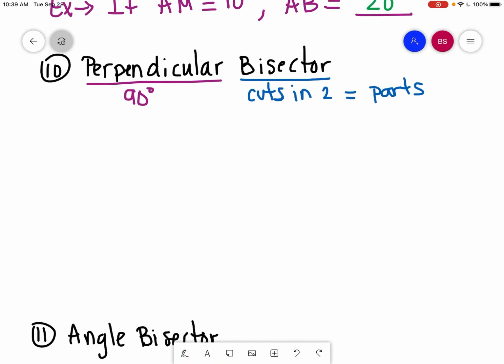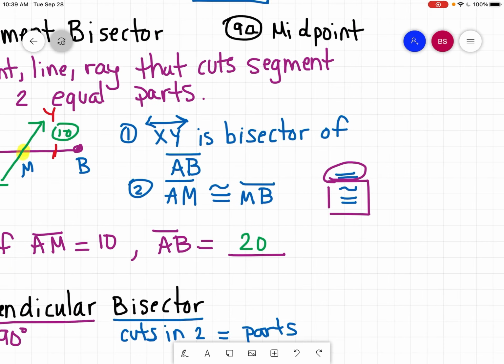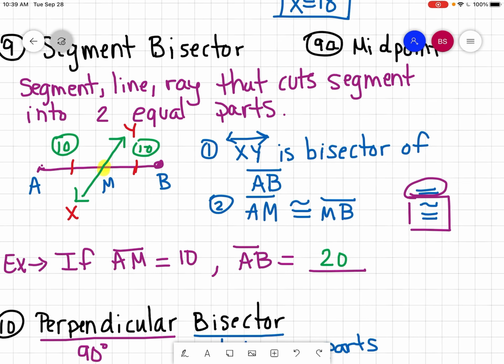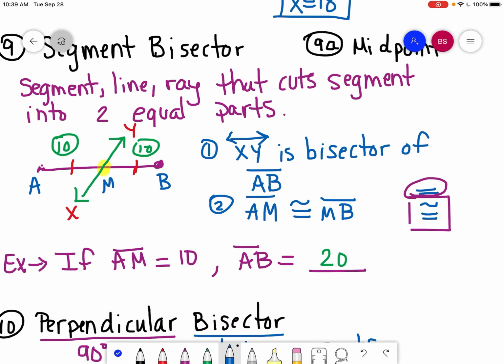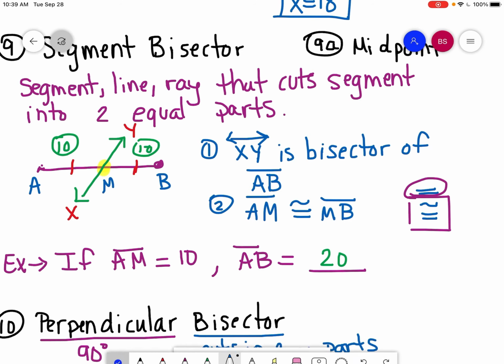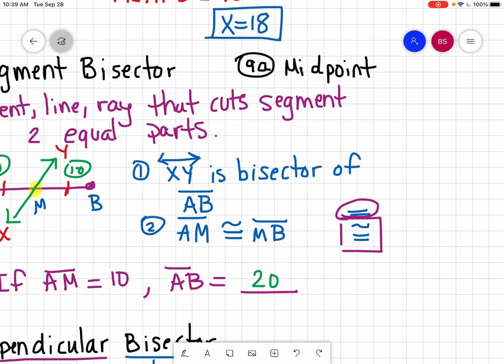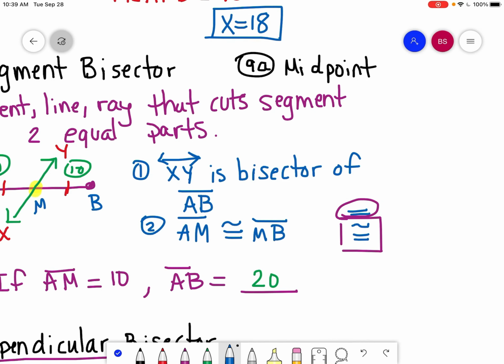Oh, there was something I forgot when I went up here. Okay, so I apologize. Back on number 9 for segment bisector, I do want you to write the word midpoint here. So in this picture that we did, the midpoint is location of exact middle.